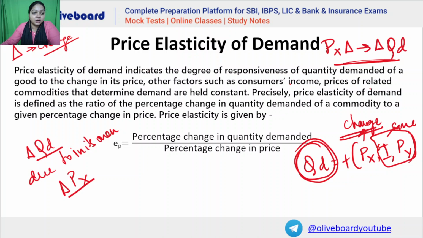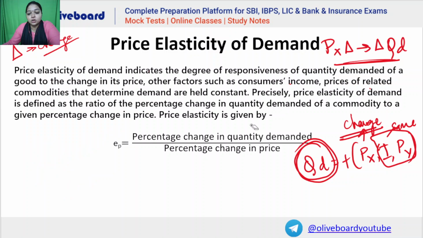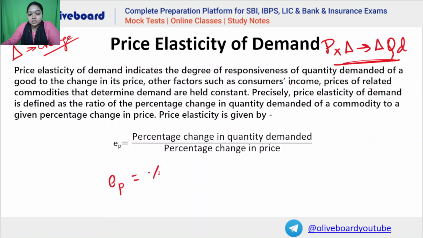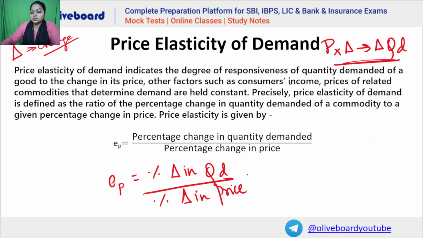So how do we measure it? What is the formula to measure price elasticity of demand? It's a very simple formula. It's a percentage formula, represented as EP. EP is percentage change in quantity demanded divided by percentage change in price. When I say price here, I am talking about the price of the own commodity, the commodity that is under consideration.